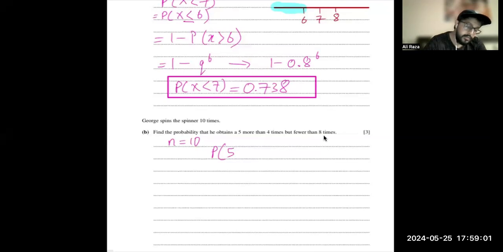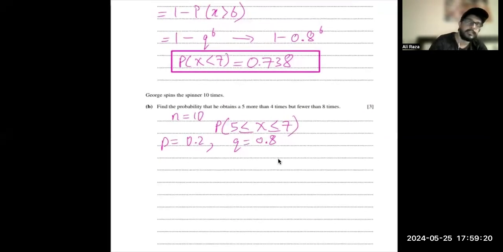So 5, 6, and 7 basically. Now the probability of success over here would be 0.2 and failure would be 0.8. So we'll find the values for 10C5, 10C6, and 10C7 terms.